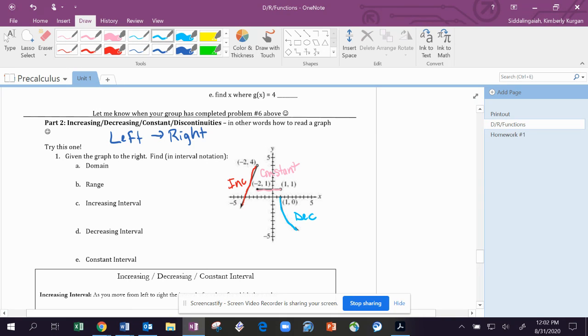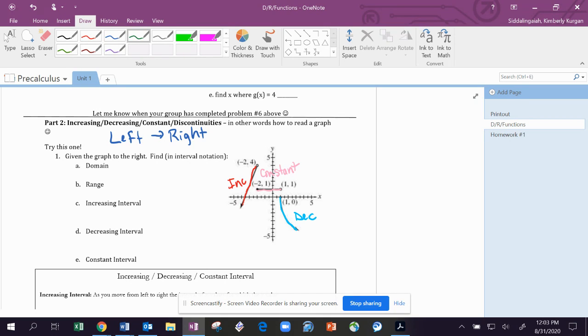So the hardest part for students is usually telling me what interval each of these things are happening. So when you look at the graph, it's pretty easy to tell where it's increasing, decreasing, and constant, but how we write it is kind of weird. So let's talk about that. We're always going to write those intervals in terms of the domain.